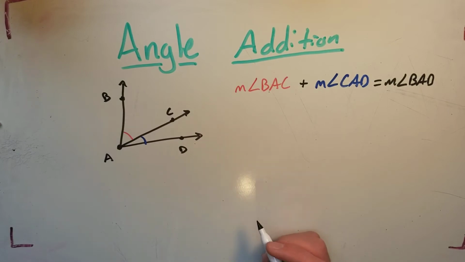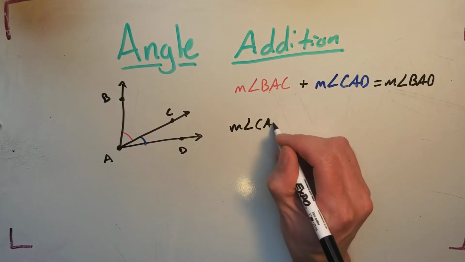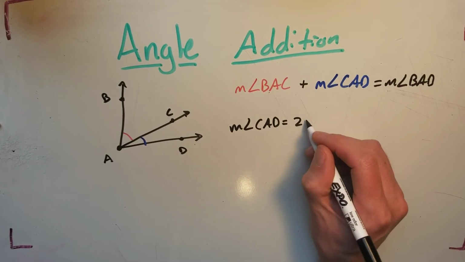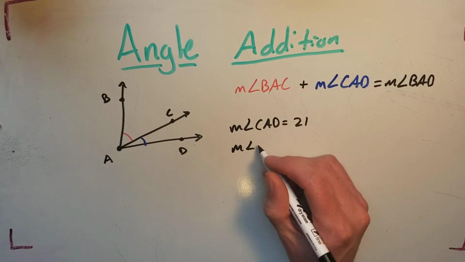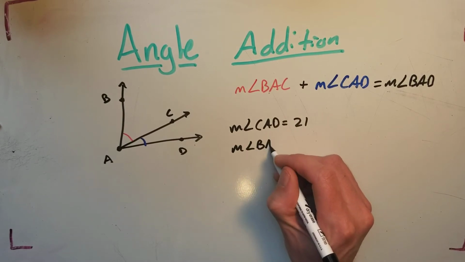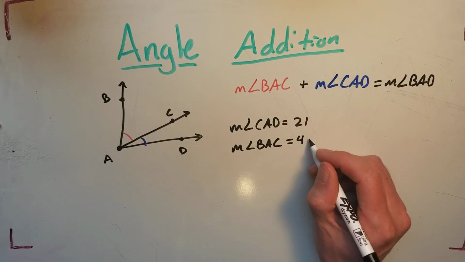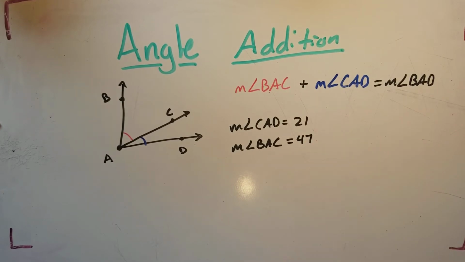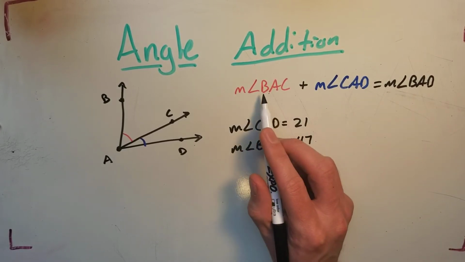Now let's say the measure of angle CAD was equal to 21 degrees, and the measure of angle BAC was equal to 47 degrees. If you want to find the measure of angle BAD, you simply have to add them together.